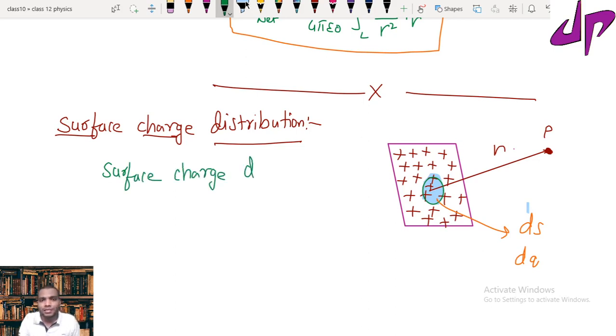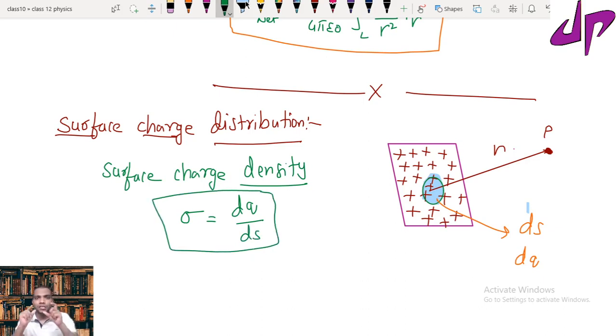Surface charge density. It's a charge density, so we represent it as sigma equal to dq upon ds, charge per unit surface. Since it's a two-dimensional object, we need to take its surface.